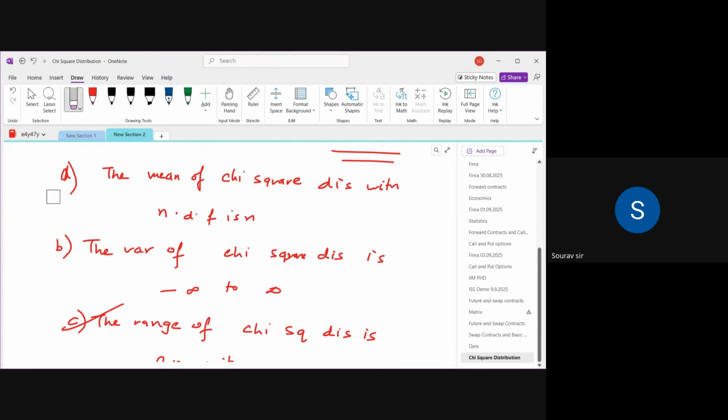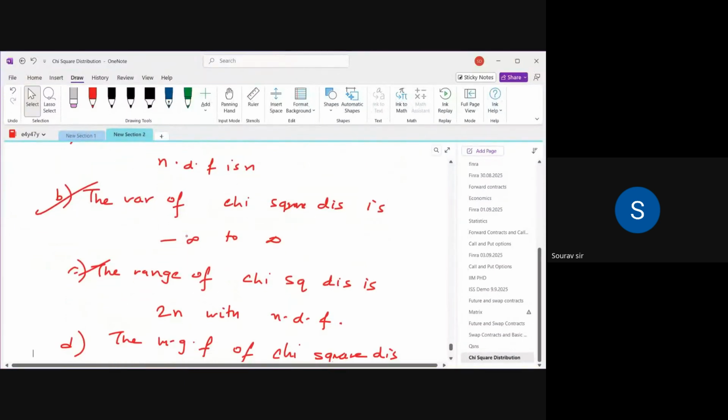So option B is the correct answer. The range of chi-square distribution is minus infinity to plus infinity. All options except option B are not correct.